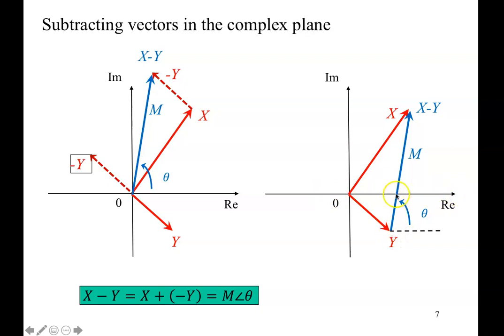The length of the line, from the end of Y to the end of X, pointing towards the first number, is M. The angle between this line and the line parallel to the real axis is the phase angle of that complex number.